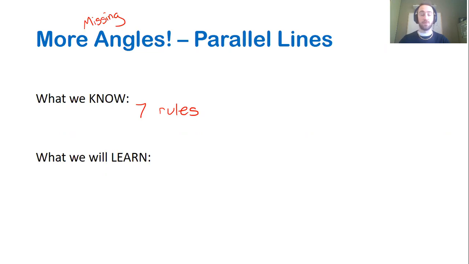If we don't remember the 7 rules, go back and check the previous lecture. What we will learn today is 2 new rules to add to our toolbox that is used to determine missing angles. These new rules are going to be about parallel lines.